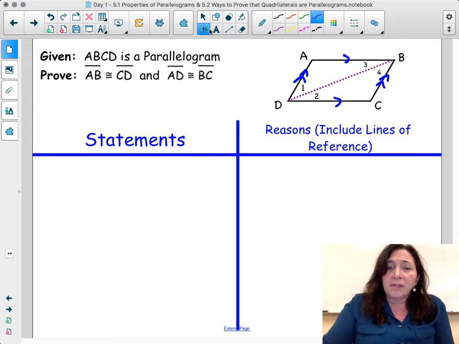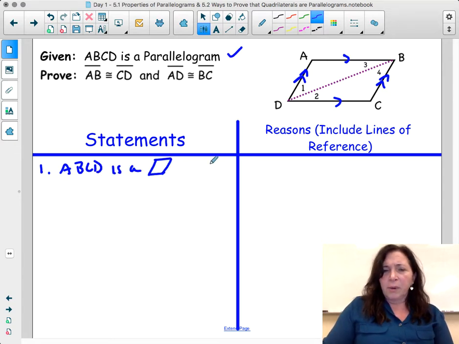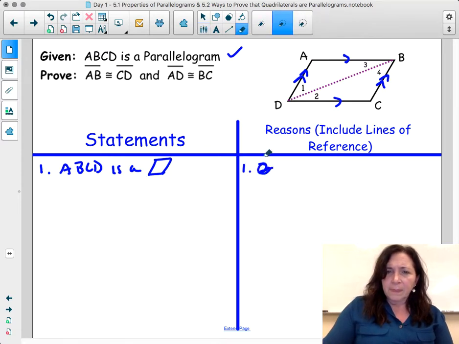That tells us, by the definition of a parallelogram, that both pairs of opposite sides are parallel. So we know that ABCD is a parallelogram. Okay, so you would write your given, ABCD is a parallelogram, and we use this symbol a lot for parallelograms. That's given. Okay.